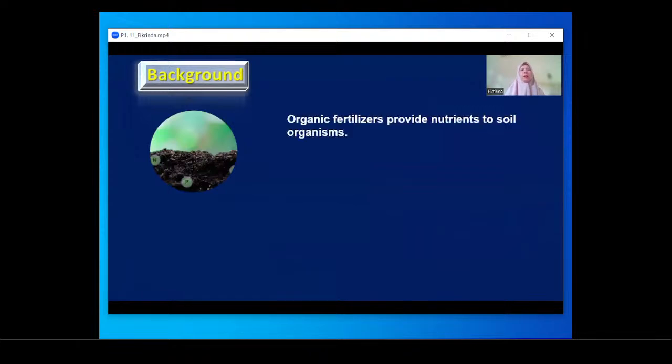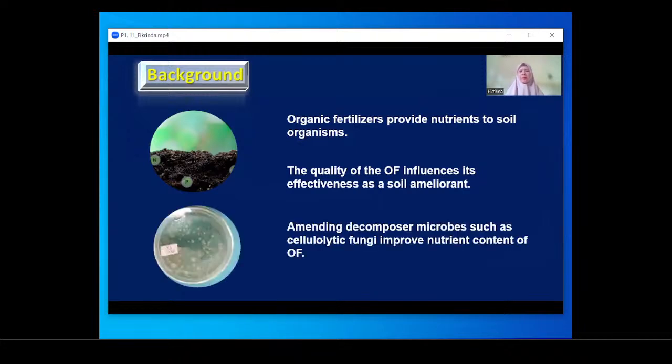The organic fertilizers provide nutrients to soil organisms, but the quality of the organic fertilizer influences its effectiveness as a soil amendment. Amending decomposer microbes such as cellulosic fungi may improve nutrient content of the organic fertilizer.